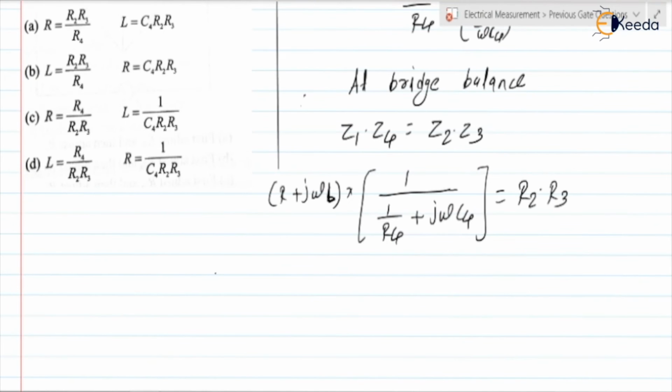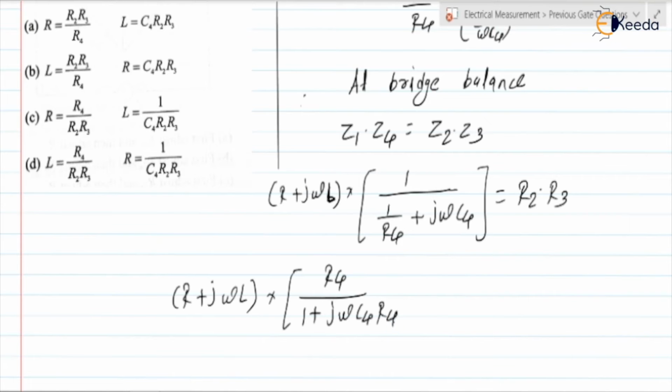So taking the cross multiplication here, it is R plus J omega L into R4 upon 1 plus J omega C4 R4, okay, is equal to R2 into R3.